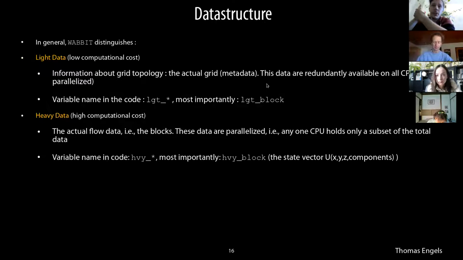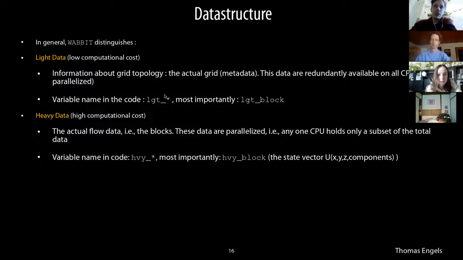And these data are redundantly available on all CPUs. So this is kind of a crucial concept. We do not parallelize this light data structure. All CPUs have at all times the complete grid topology. They don't have the complete data which lives on this topology, but everybody knows how the grid looks like at all times.